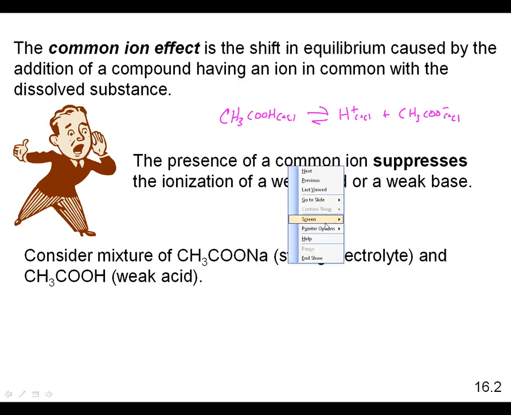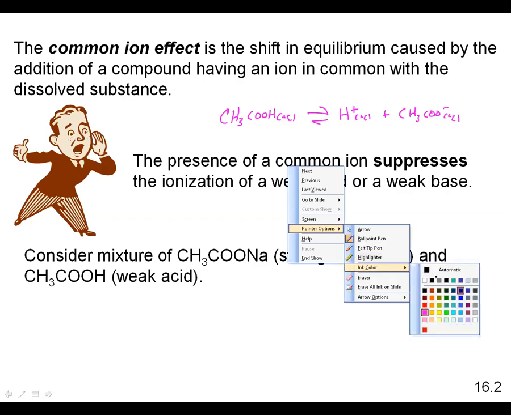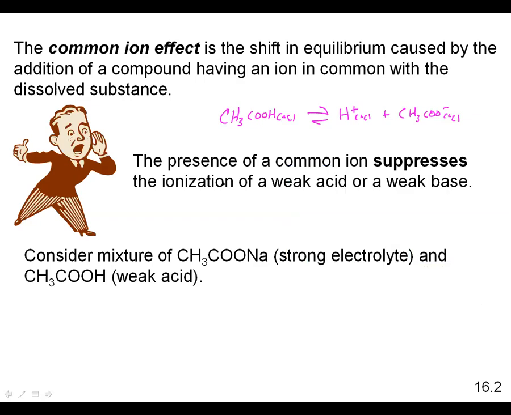But if we decided to add to the solution a strong electrolyte, something like sodium acetate, which is what it shows on the bottom there. This sodium acetate is a salt and a strong electrolyte, which means it's going to 100% break apart into sodium ions in solution and acetate ions in solution, right?